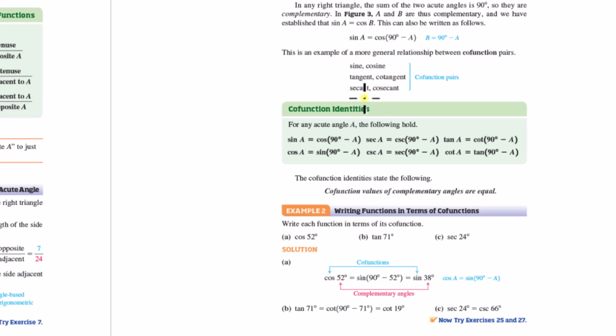But you couldn't do it with cosecant and cotangent or secant and cosine. It was strictly sine, cosine, tangent, cotangent, secant, cosecant. So if you have a cofunction pair and two complementary acute angles, you could set them equal to each other: the sine of one of the angles is equal to the cosine of the other angle, or vice versa. That's the idea.